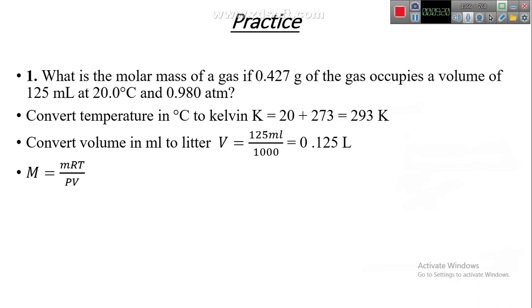Then we substitute: m small indicates mass, R is gas constant, T temperature in Kelvin, P pressure, V volume in liter. m is 0.427, this is the mass given in the question, and the gas constant 0.082, multiplying by Kelvin temperature, which is equal to 293 Kelvin, divided by pressure 0.980 times 0.125 liter.